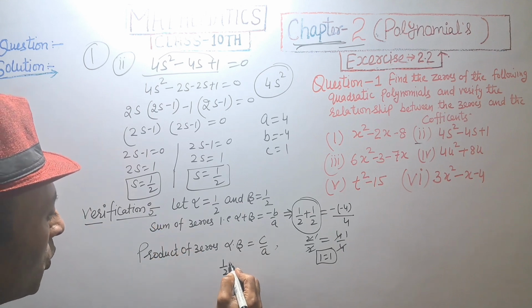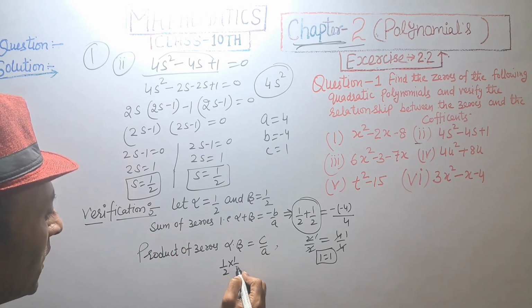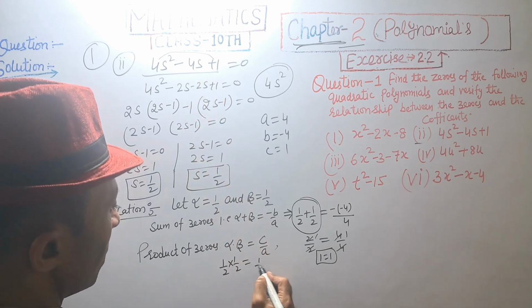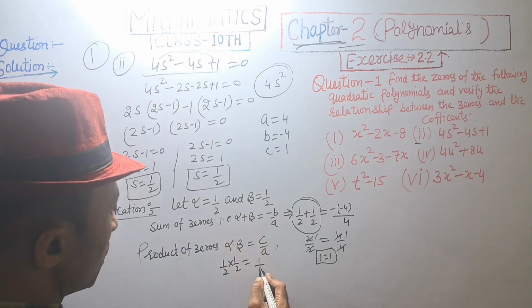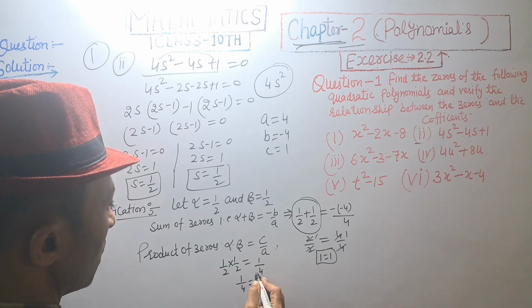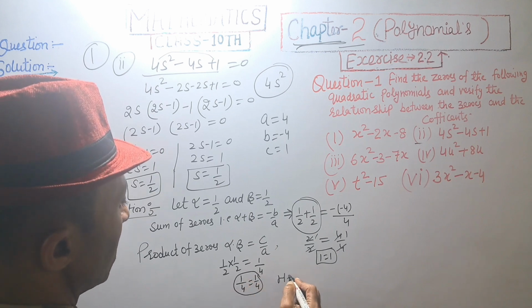Alpha is 1 upon 2, beta is 1 upon 2, c is 1, a is equal to 4. So 1 upon 4 equal to 1 upon 4, hence verified.